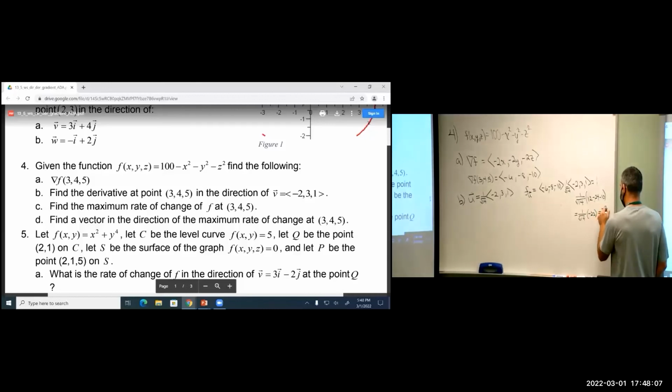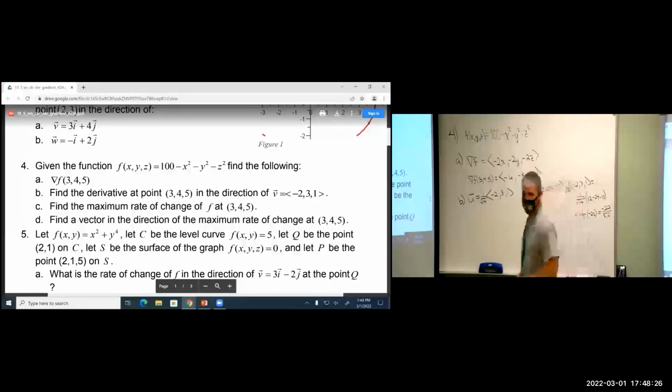So minus 22 over the square root of 14. Like I said, the directional derivative is a scalar. That is the rate of change at the point 3, 4, 5 in the direction of V. Questions about V?